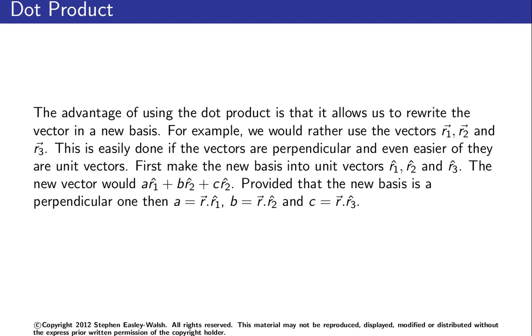Well, provided that the basis, again, is perpendicular, you have a very simple formula. The a is just r dot r1, the b is r dot r2, and the c is r dot r3. So this is a very straightforward way to calculate the a, b, c. You just need to use the dot product, which isn't very difficult. It's really just a multiplication and addition of numbers.